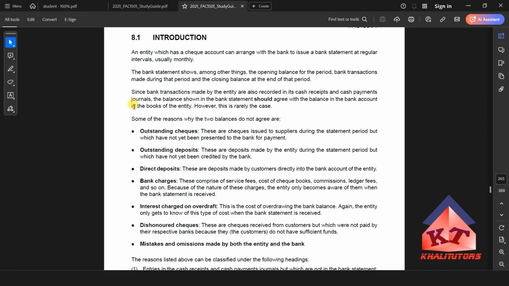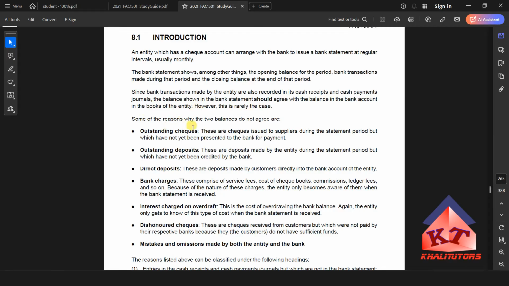Since bank transactions made by the entity are also recorded in its cash receipts and cash payments journals, the balance shown in the bank statement should agree with the balance in the bank account in the books of the entity. However, this is rarely the case.